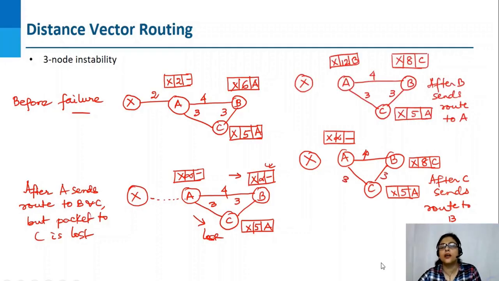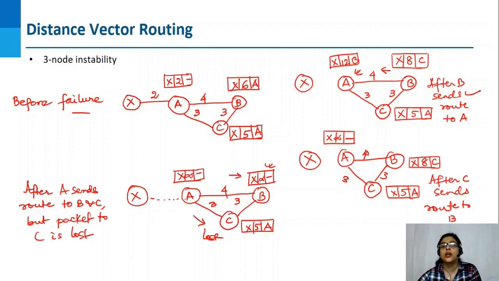Now after this, B sends this route, which it has received from C, to A. Now A is fooled. A thinks that in order to reach X, its next node will be B, and it increases its cost to 12, because 8 plus 4 becomes 12.